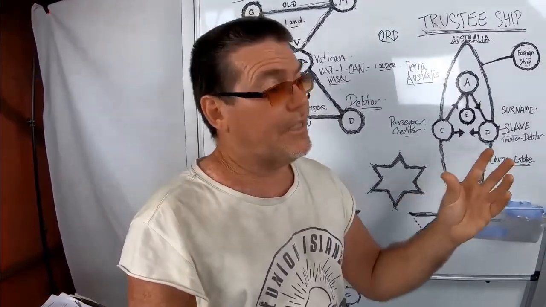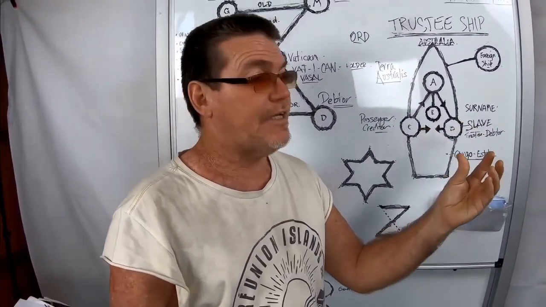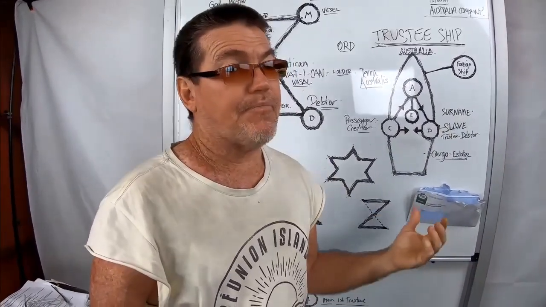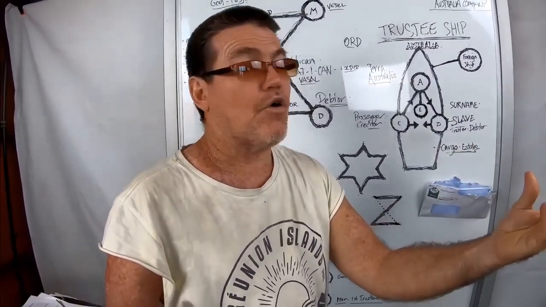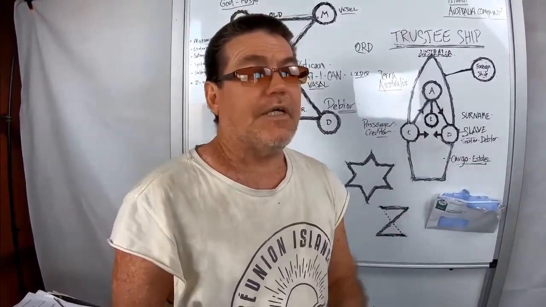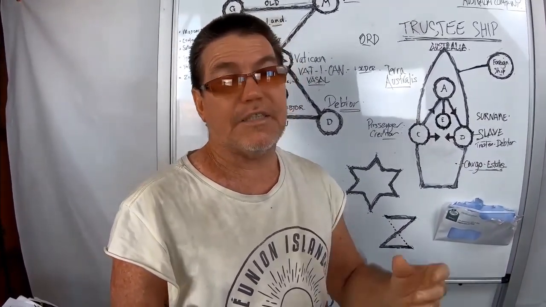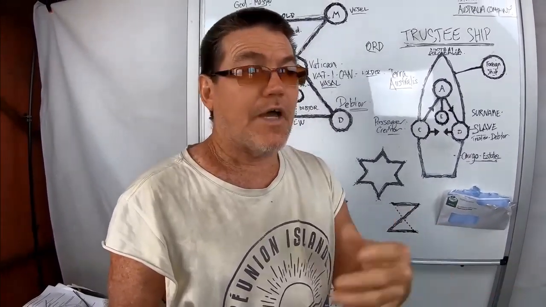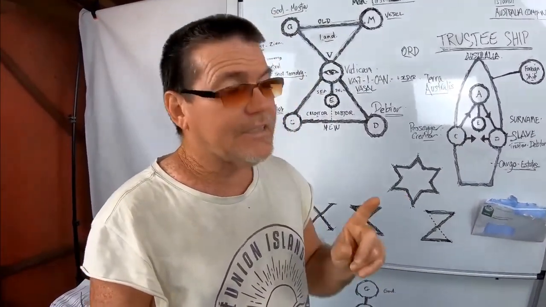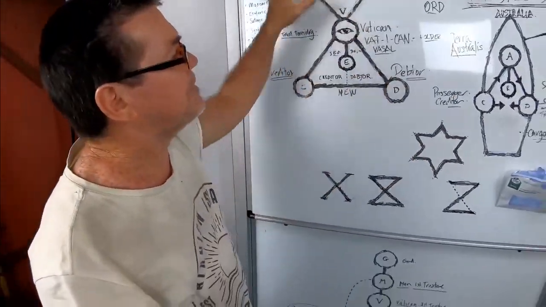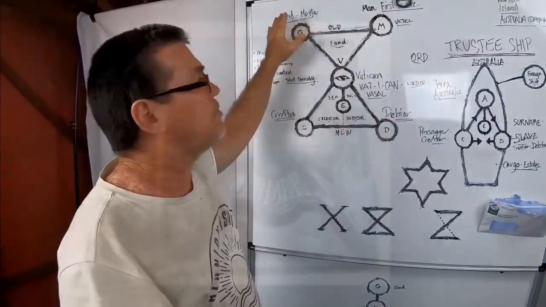The corporation is created by the head of that state, and it creates a corporate debtor system, and then the corporation employs or creates citizens that are debtors to that corporation. And this is what this symbol is all about.